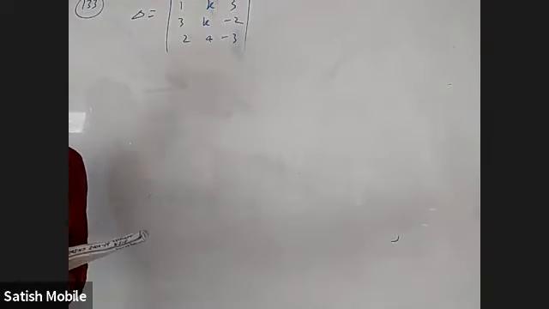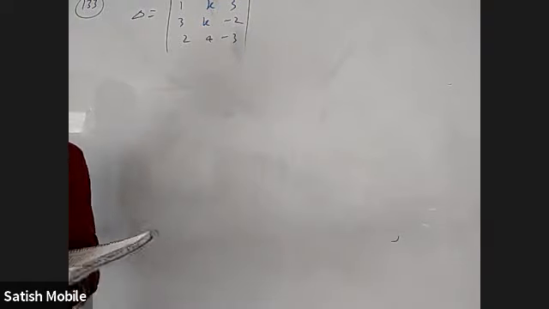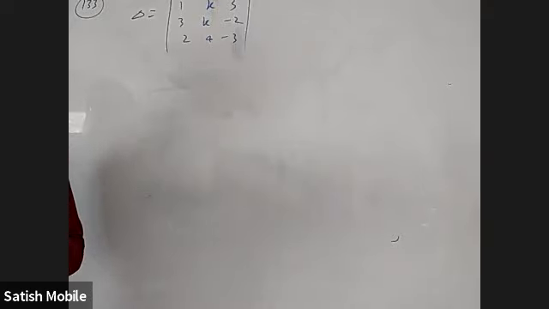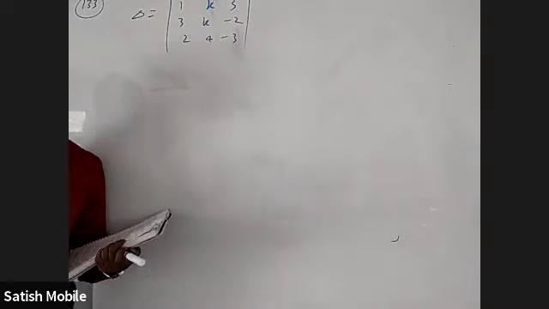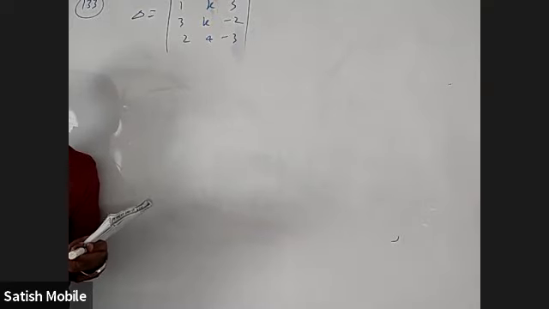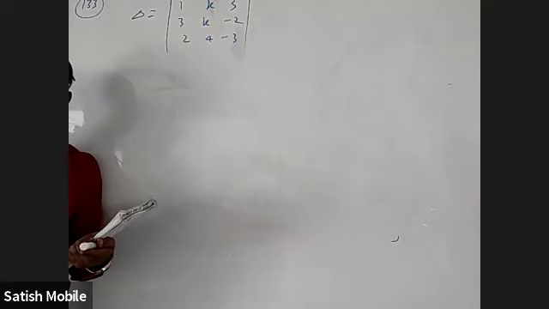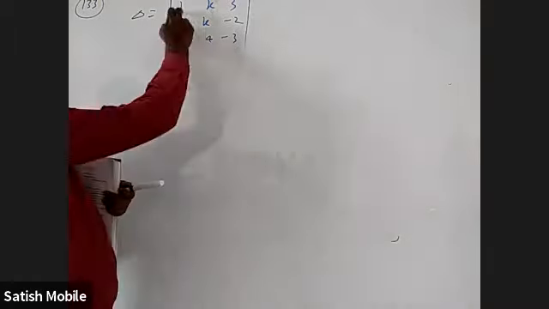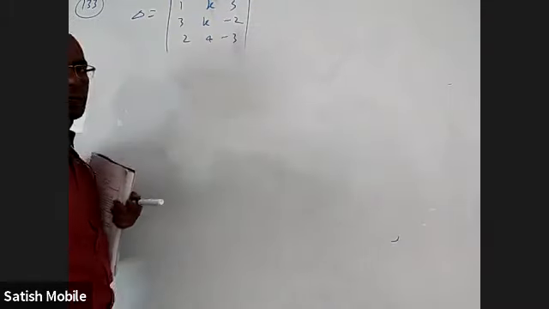Same answer everybody got? Come on, I'm asking you to find the determinant, and people are simply sitting. You should be able to do it very quickly in the exam. Online people, why is nobody responding? What is the determinant of this? 1, k, 3; 3, k minus 2, 2; 4, minus 3.